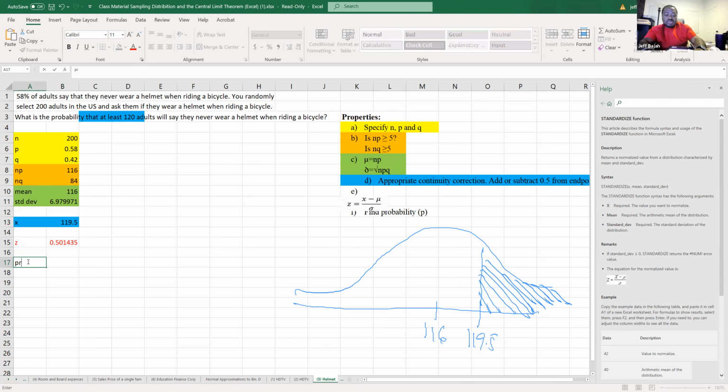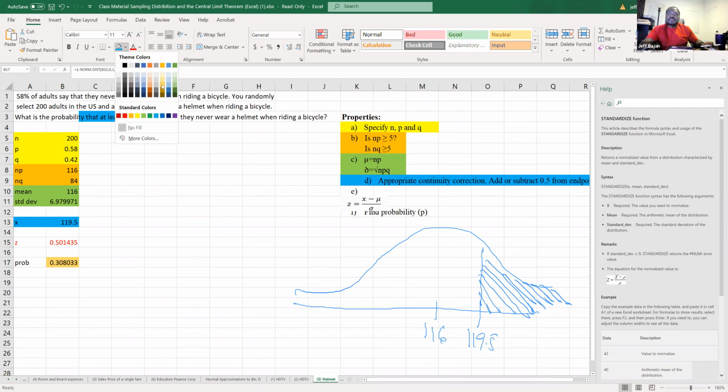And so the probability here will now be equal to norm disk, z value 0, 1, 2. But you can see that the question here is to the right. So we have to do what? 1 minus. So our answer here will be 0.38. Right?